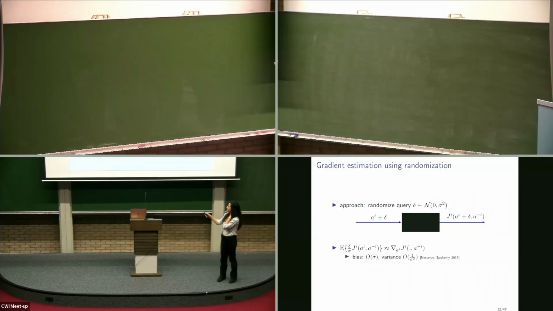By introducing this noise and taking the expectation with respect to delta, you get the gradient of a smoothed version of the function, meaning the function integrated with respect to this distribution, which you can then relate to the gradient of the original function.